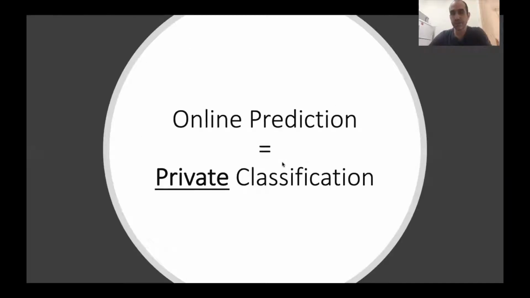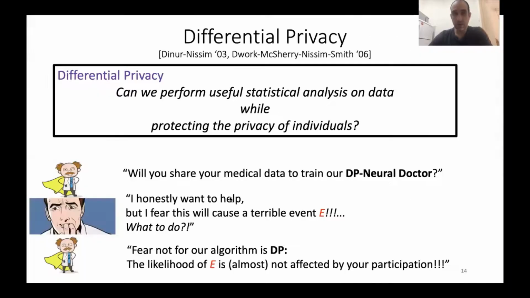Great. Now we will discuss the final part of this equivalence. What does it mean to classify privately? The standard definition in this context is differential privacy. And the goal is, as we say, to perform statistical algorithms while protecting the privacy of individuals. You can imagine a scenario where we want to use real medical data to train some deep neural doctor.